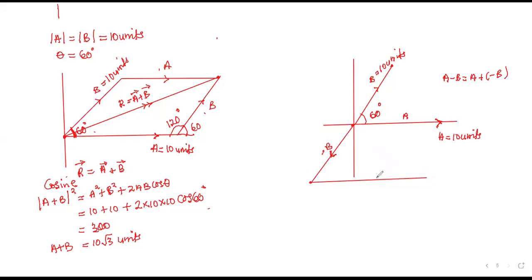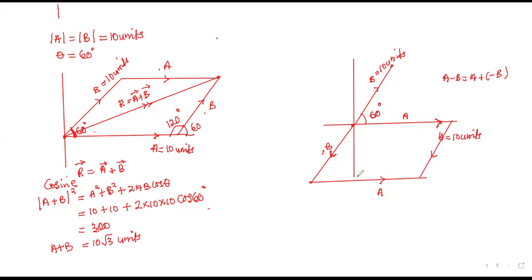So it must have the same direction as A. We can also draw same for negative B. Same magnitude and same direction. Negative B is going downwards.